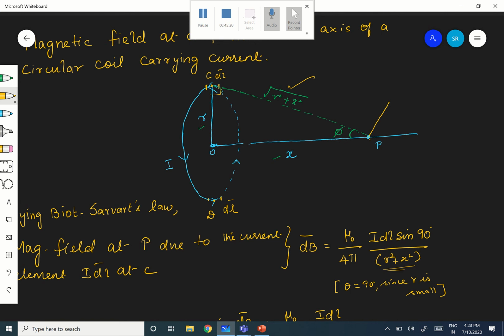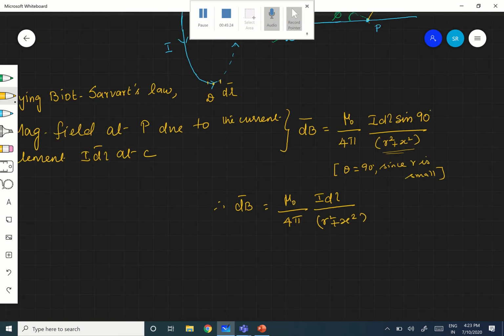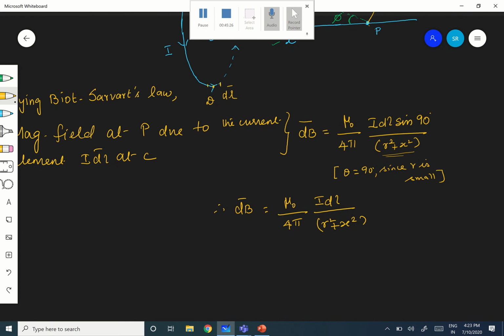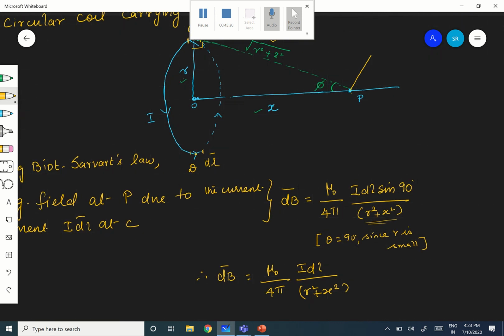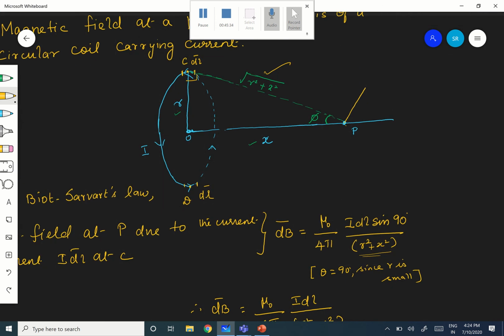It is not just R squared, it is root of R squared plus X squared. Therefore, the direction is perpendicular to the plane containing idl at C and the vector CP.